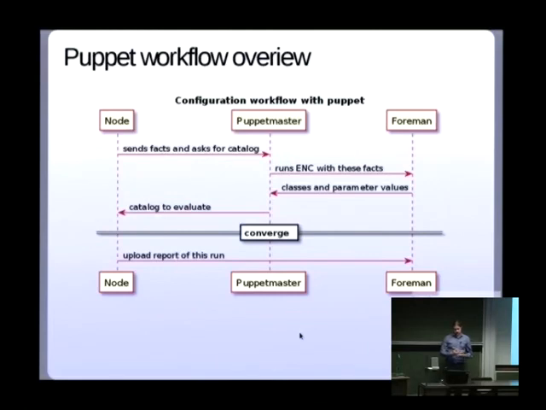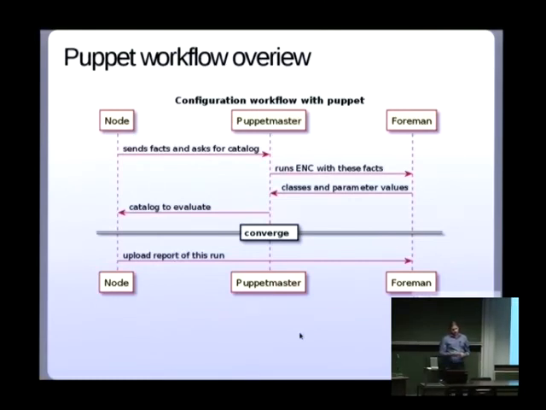The Puppet master then can use, and in our setup and how it works with Foreman, the Puppet master asks Foreman what Puppet classes should be applied for this particular node. And Foreman also provides the values for the parameters for these classes that should be applied.